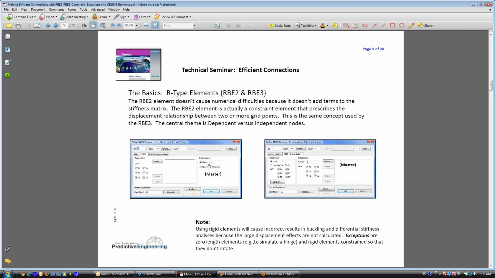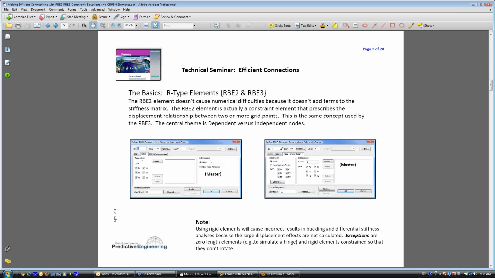And what they're saying in mathematical formulation is that your independent node is driving the dependent nodes. So the dependent nodes are the ones actually being driven. This is why on an RBE2 you can apply a constraint to the independent node, and it will drive the dependent nodes.